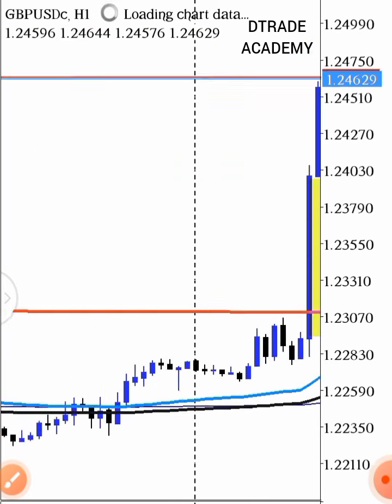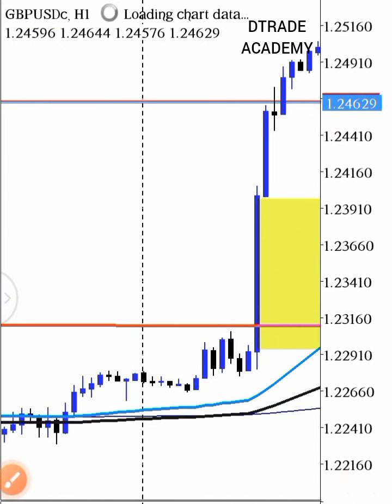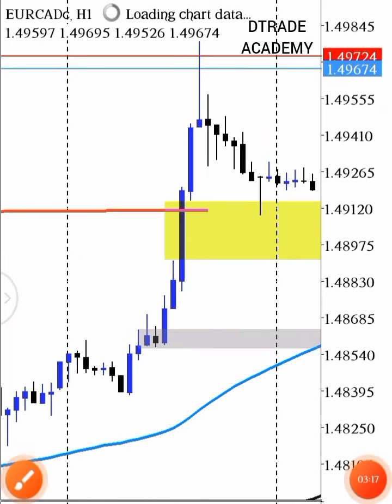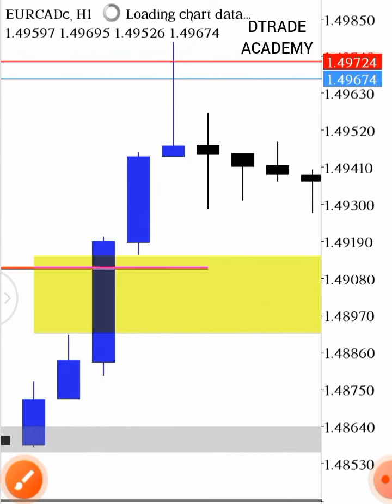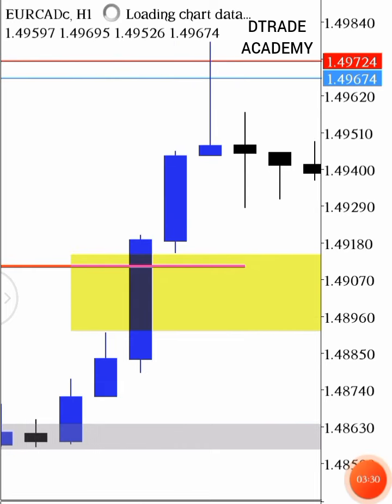So let's go to another example. Take a look at these 3 candles: 1, 2, 3. Let me zoom in. Look at the wick of the first one, drag it, and the wick of the third one, drag it.